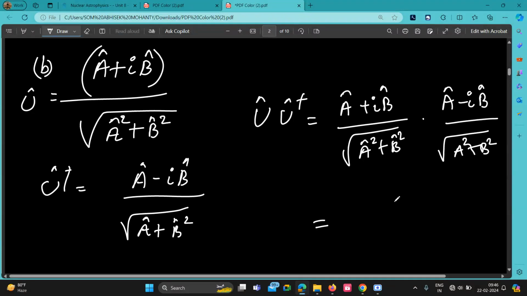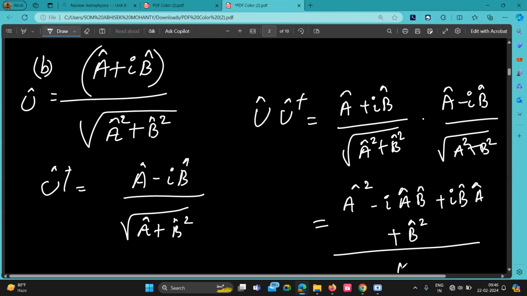Multiplying, this one will become A square minus iAB plus iBA plus B square, whole divided by A square plus B square.